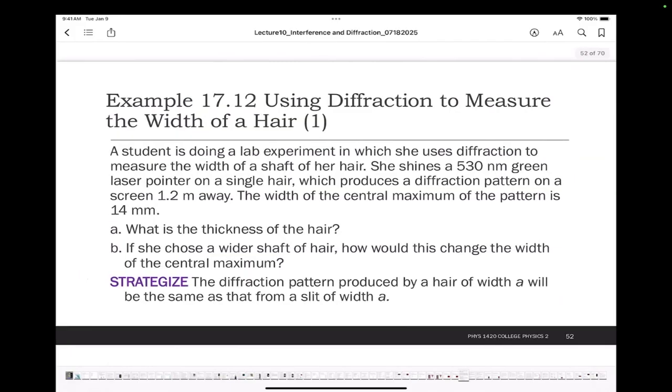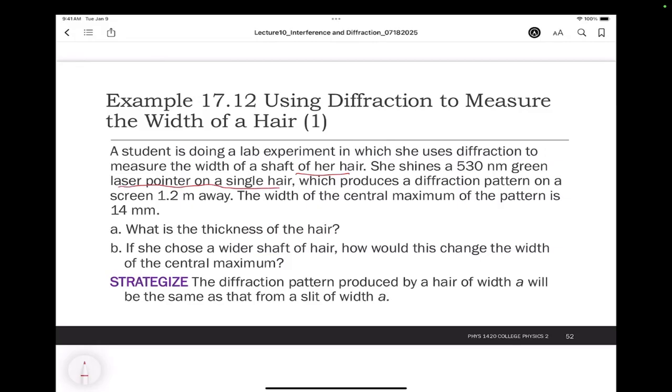Okay. Let's talk about one example, using diffraction to measure the width of a hair. A student is doing a lab experiment in which he uses diffraction to measure the width of a shaft of hair. She shines a 530 nanometer green laser pointer on a single hair, which produces a diffraction pattern on a screen 1.2 meters away.